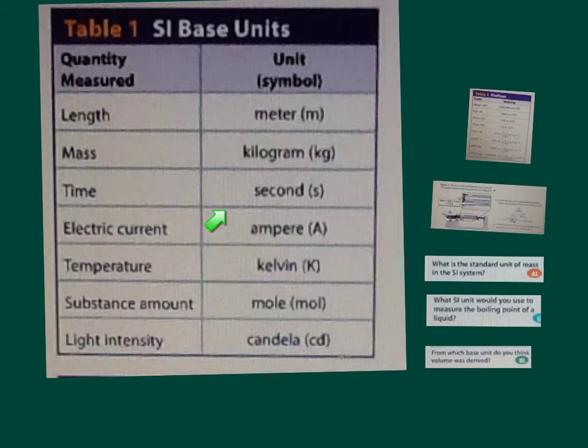All of these terms are SI base units. The SI system uses standards of measurement called these base units right here. Other units used in the SI system that are not base units are derived from these base units. For example, the liter used to measure volume was derived from the base unit for length.